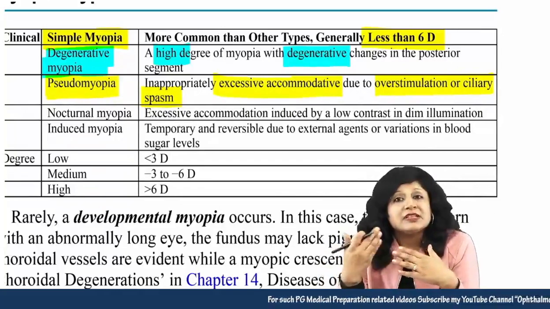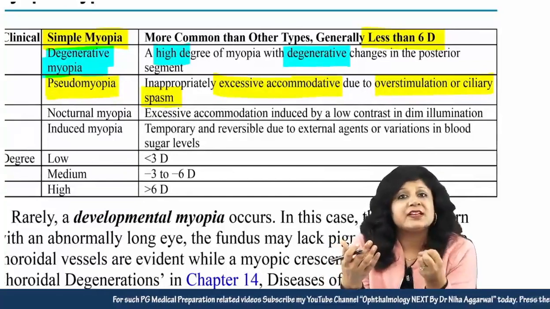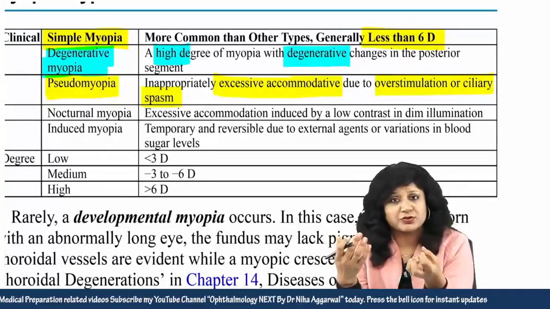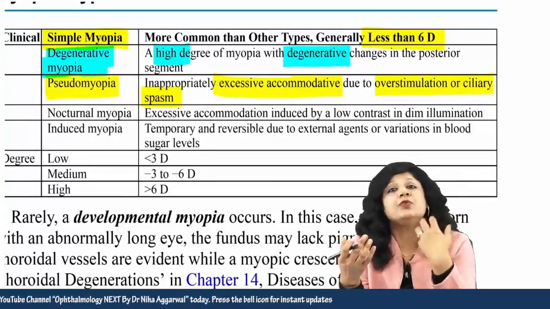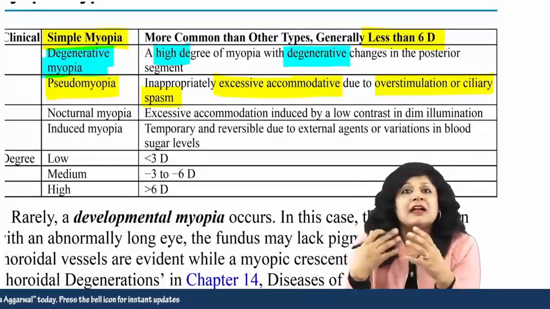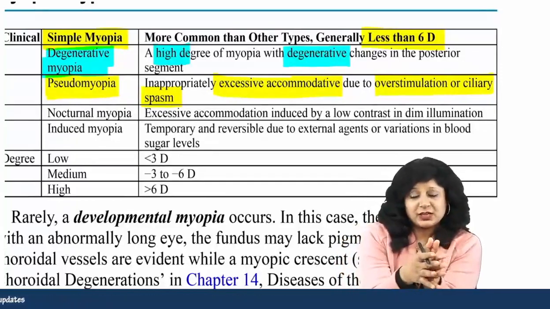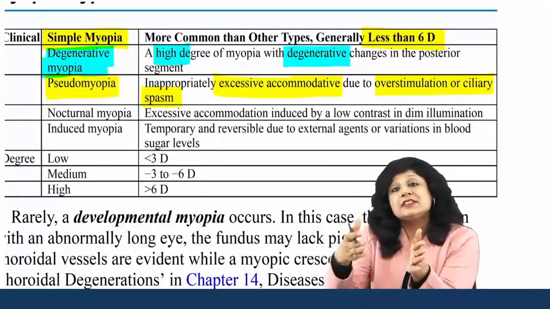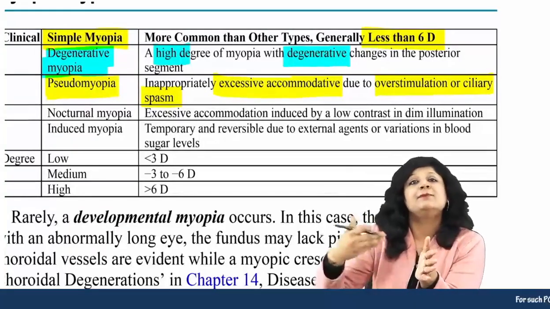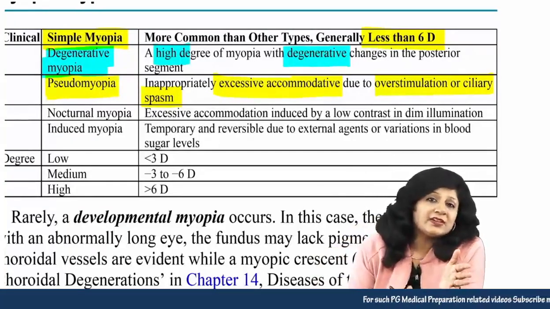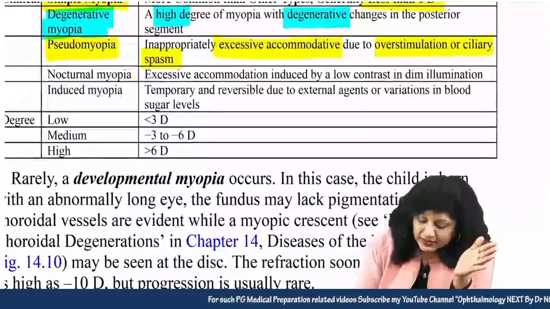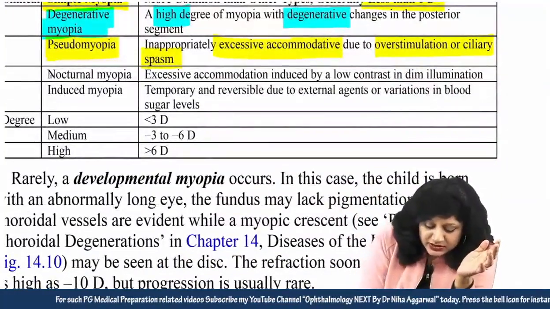Due to the ciliary muscle spasm there is an induced myopia, because there is an overcontraction of the ciliary muscle, which helps in looking at near objects. So a condition created by this ciliary muscle spasm is simulating myopia. That is why it is called pseudomyopia. Then there is a thing called nocturnal myopia.